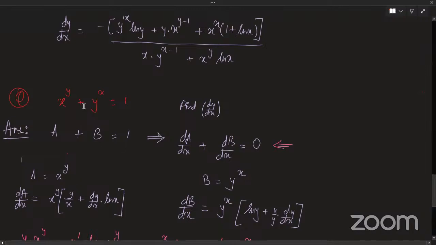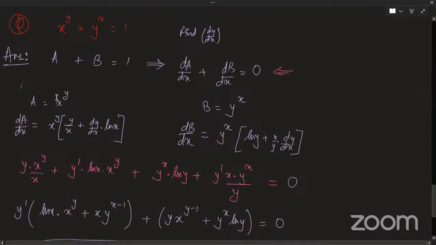I hope all of you have understood. Any doubt in this question, anyone? Just ask me if you have any doubt in this question. See, what we have done is you have got x raised to y plus y raised to x is equal to 1, and it was asking you the value of dy by dx. So what we have done is we took our first term as A, second term as B, and A plus B is equal to 1. Okay. So obviously I differentiated this whole equation with respect to x. So I got dA by dx plus dB by dx is equal to 0. Okay.